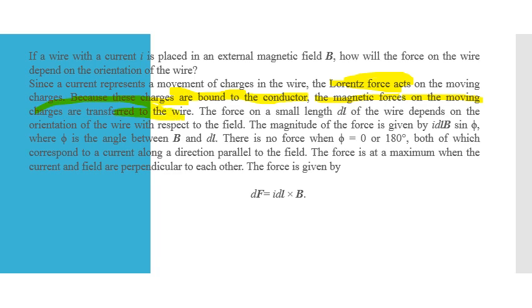The force on a small length dl of the wire depends on the orientation of the wire with respect to the field. The magnitude of the force is given by I dl B sin phi.